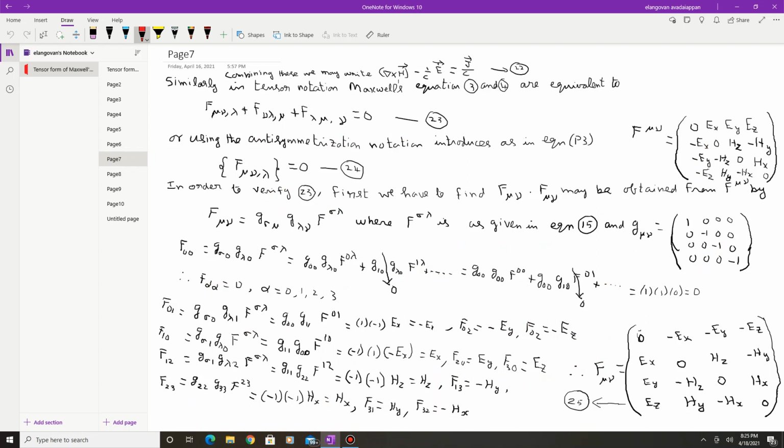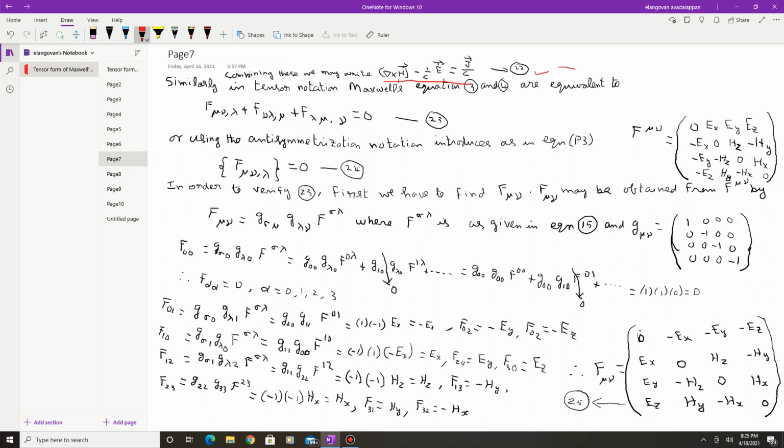So combining all the three, we get equation 4. If we combine the x component, y component, z component, we get this expression. Curl H minus 1 by c E dot is equal to j by c. So this is actually Maxwell's equation.